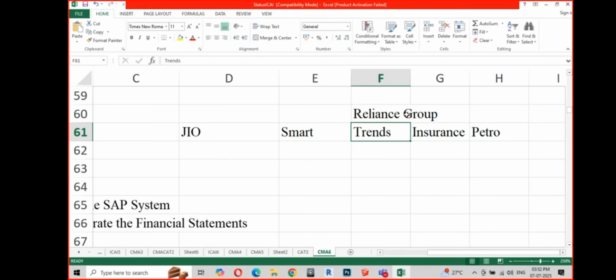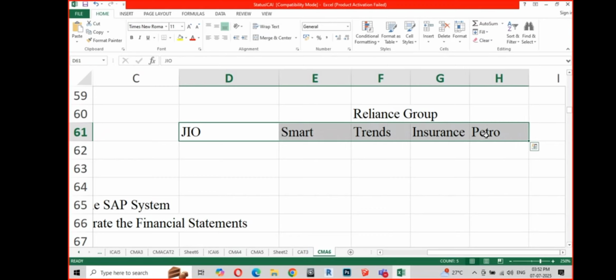All these at this level constitute the company codes because they are able to generate their own independent financial statements. So they're all your company codes. Understood?